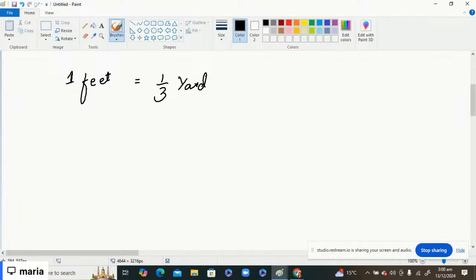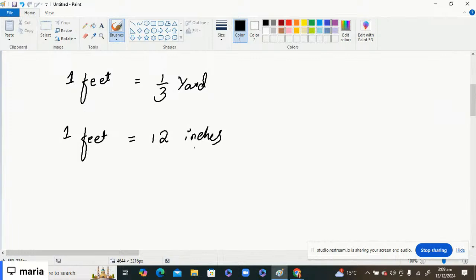Like how many inches is equal to 1 foot? 1 foot is equal to 12 inches. So this is the thing that we are going to discuss. 1 foot is equal to how many inches? 12 inches.